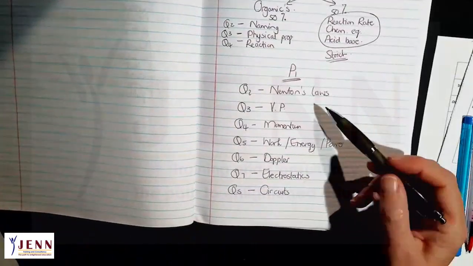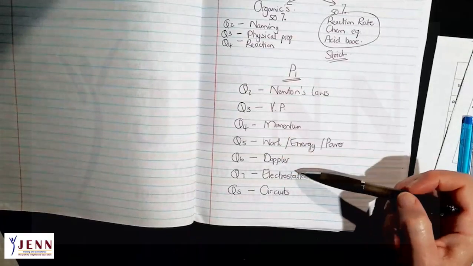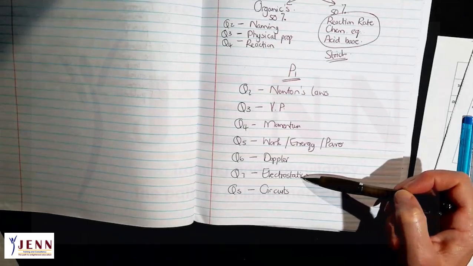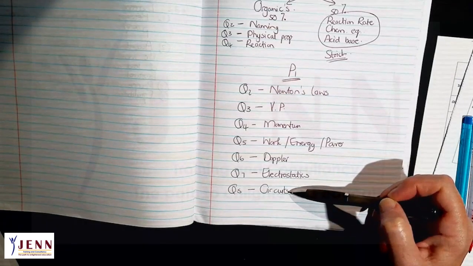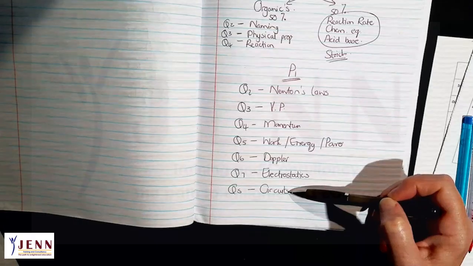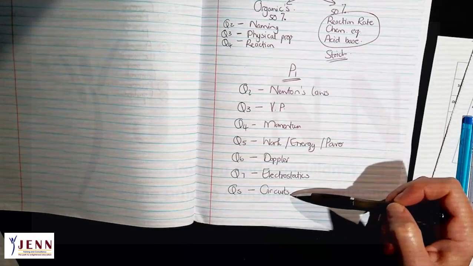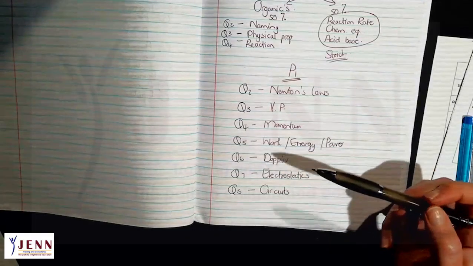If you look at your questions there, sometimes they divide electrostatics into 2 questions, one on the forces and one on the fields, or they divide circuits into a question on doing the circuit calculations, and the other one then on a graph of Ohm's law or a graph of internal resistance.